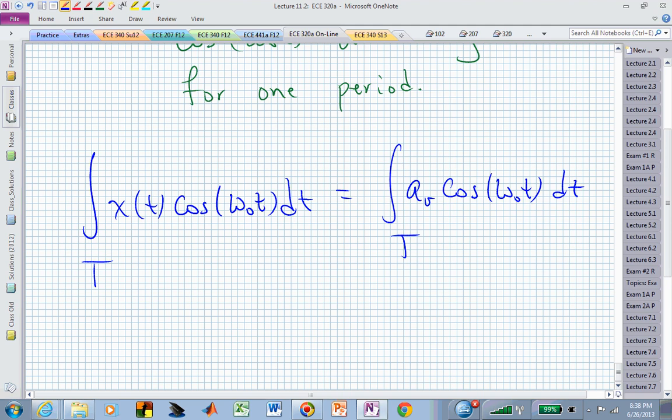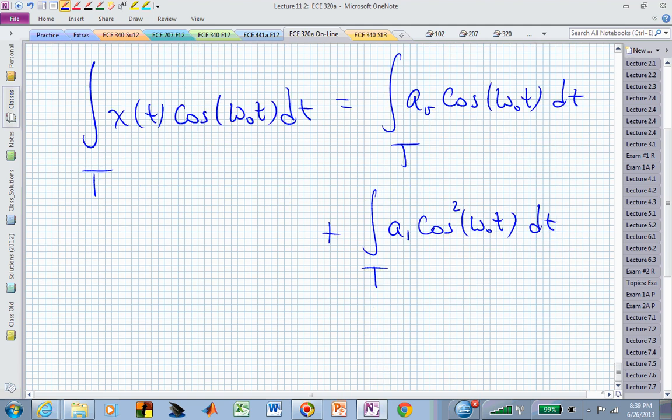that's just the cosine integrated over one period. That's going to vanish. Then we have plus the integral of a sub 1 cosine omega naught t times itself, so that's really cosine squared omega naught t, plus the integral of a sub 2 cosine omega naught t times cosine of 2 omega naught t dt.